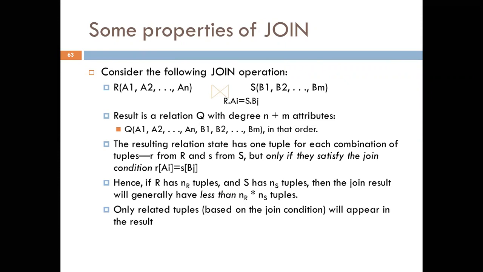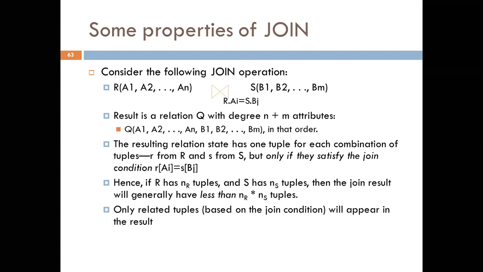Let us call the result relation Q. If Q is the result of this particular join operation, the number of attributes or degree of Q will be n plus m, which means it will have n attributes from R and m attributes from S. So a relation Q would look like this: Q of A1, A2 till An and B1, B2 till Bm. So the order will be preserved over here.